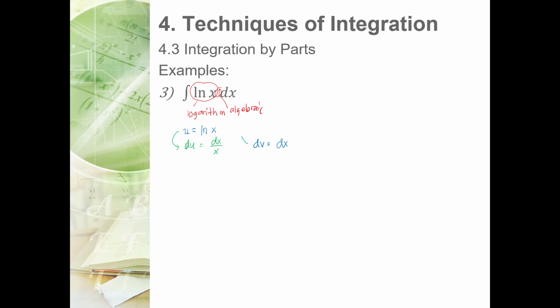And then integrating dv, you're going to have the x variable. So that's how you answer logarithm integration by parts. So if you're going to encounter ln in your integrand, always make sure that ln is in the u parameter.